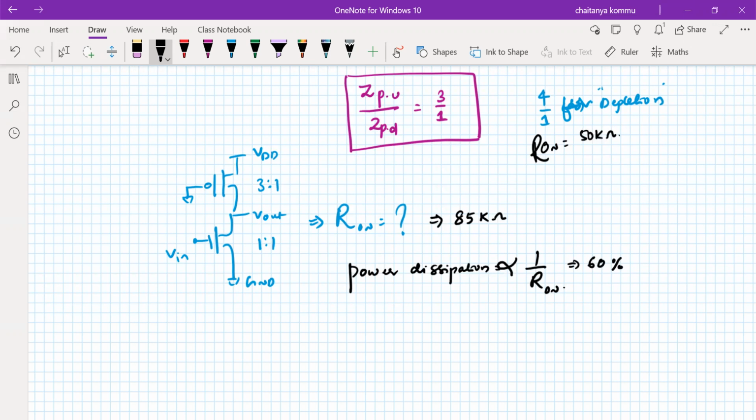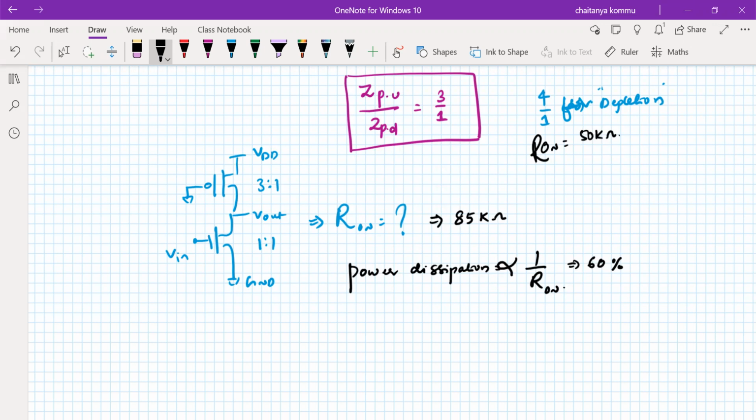Then we'll observe that 60% power saving can be possible by using the pseudo-NMOS logic compared to the depletion mode type of transistor. Our main objective for the previous CMOS implementation is that more number of transistors are required. So in order to do this one, we have to use the pseudo-NMOS logic.